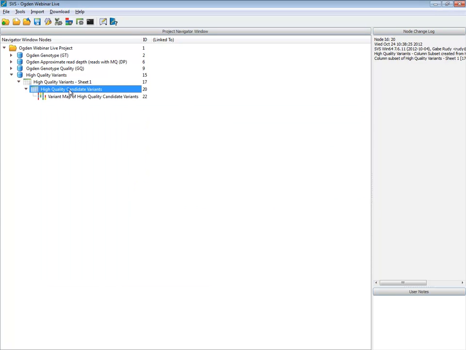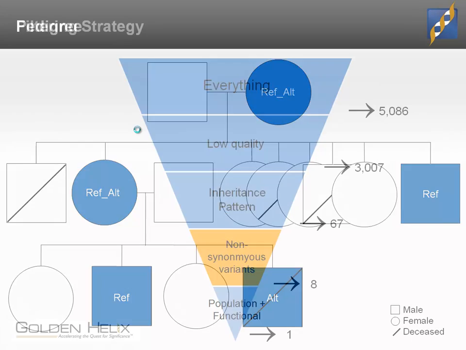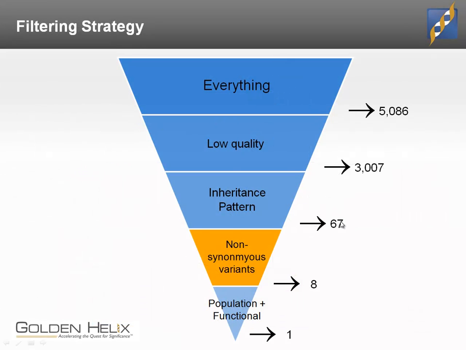Let's go back to our next filtering step to see what we do next. So we move from our 67 variants to looking only at variants that are non-synonymous in coding regions.